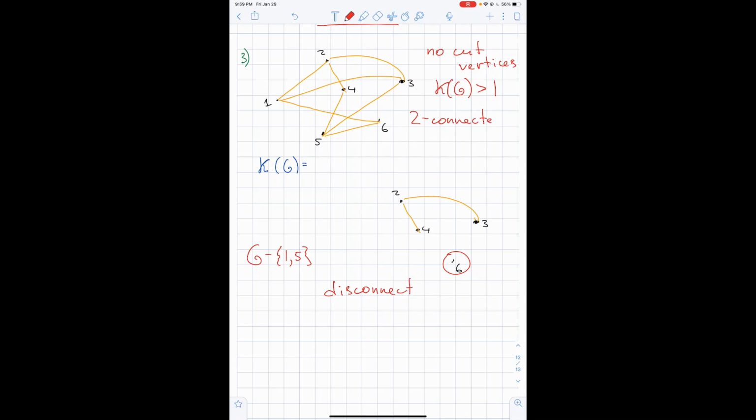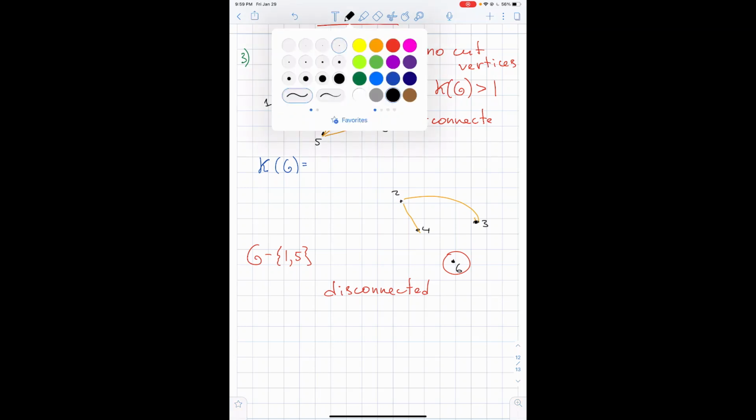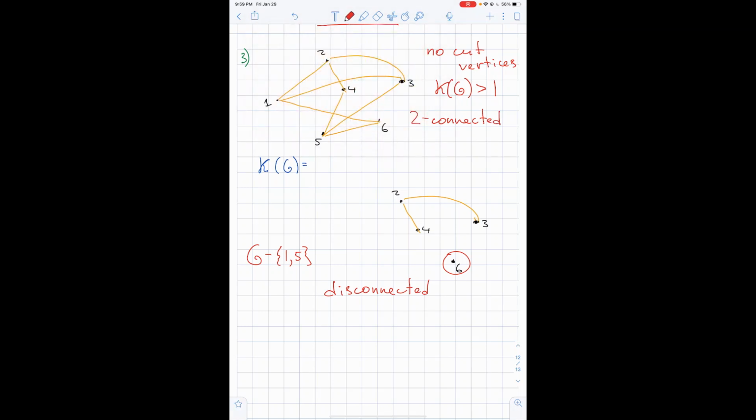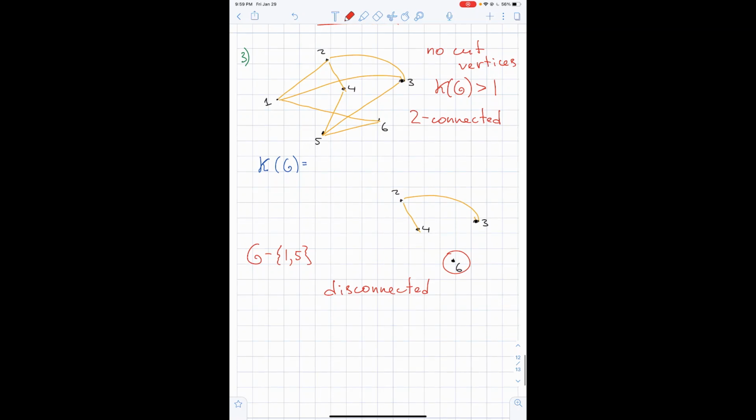So one of the connected components here is kind of silly, so it just contains 1 vertex, but that's fine. So that's also a graph just with 1 vertex. So we see that it is not 3 connected, right? So the smallest set we can remove to make it disconnected contains 2 vertices.